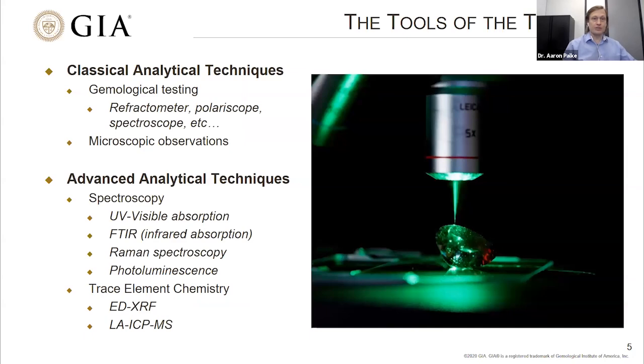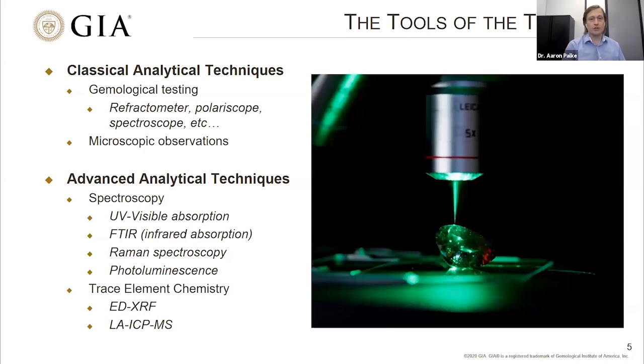I know people don't usually like slides with a lot of text and words, but this is just an overview of some of the techniques we use that I'm going to talk about today. I've broken it down into two different categories. There's classical analytical techniques, where we have standard gemological testing: refractometers, polariscopes, spectroscopes, and then you also have microscopic observations in this category of classical techniques.